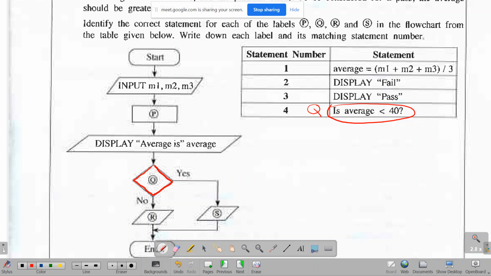And we can definitely say 2 and 3 are outputs. So that gives the first one is the one which helps over here.